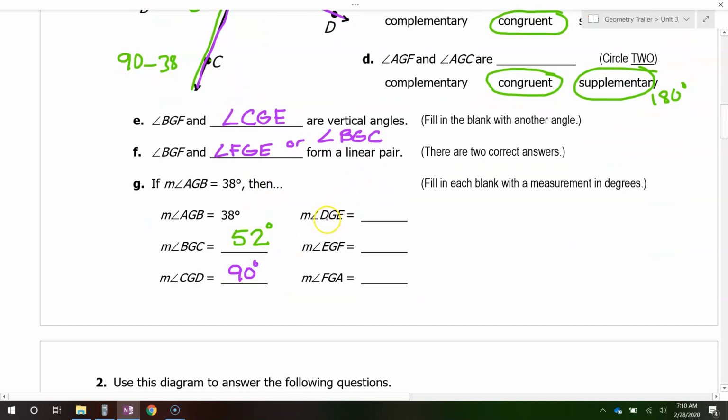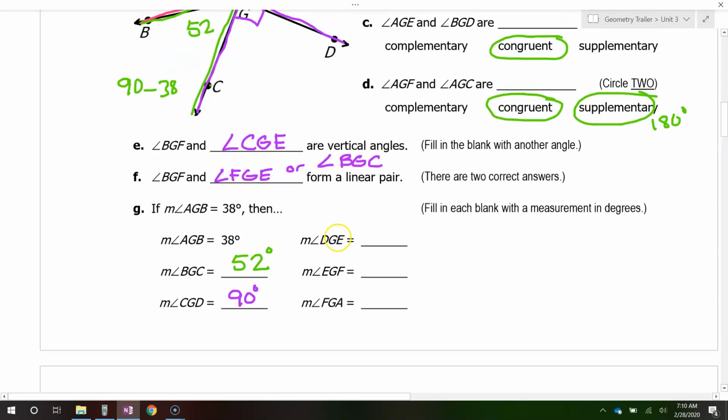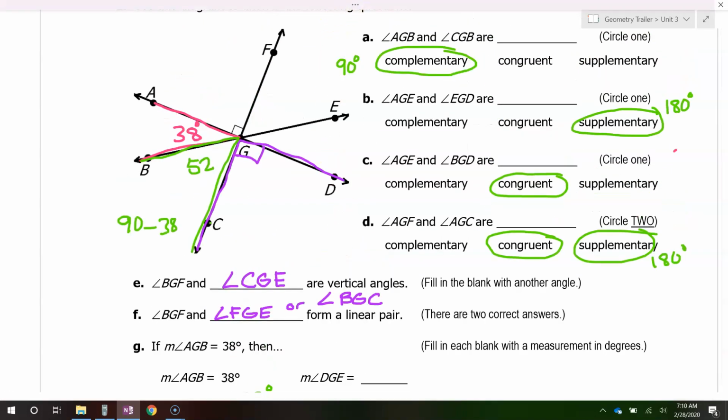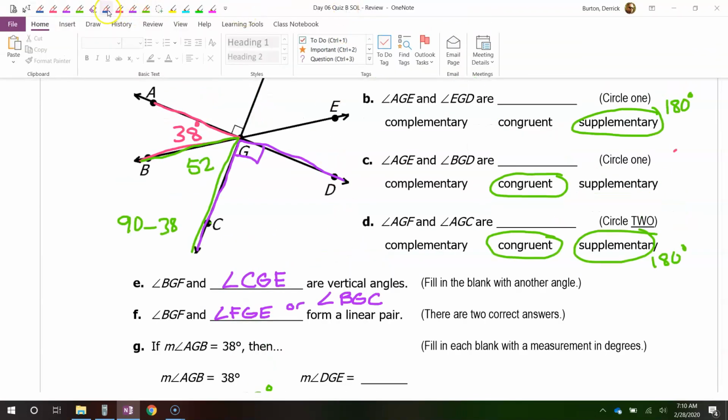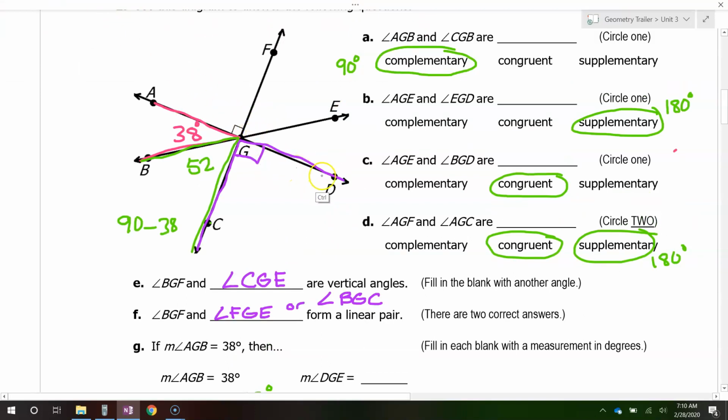How about angle DGE? Okay, DGE is going to be this angle right here. Okay, I think I'll actually go back and do that in red because vertical angles. So DGE.